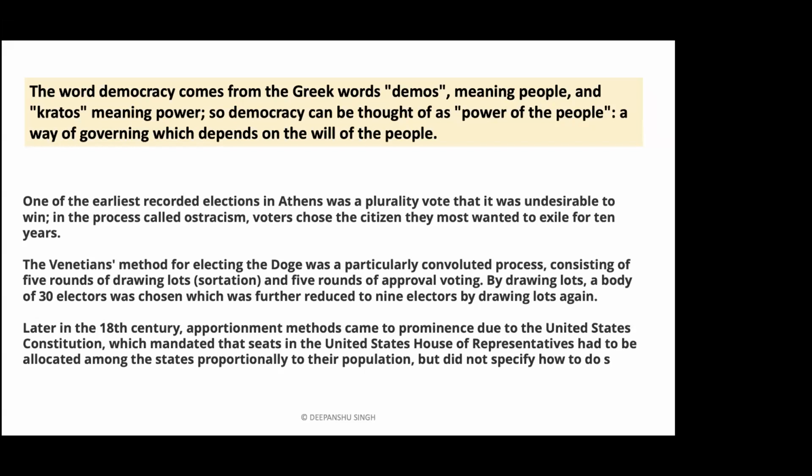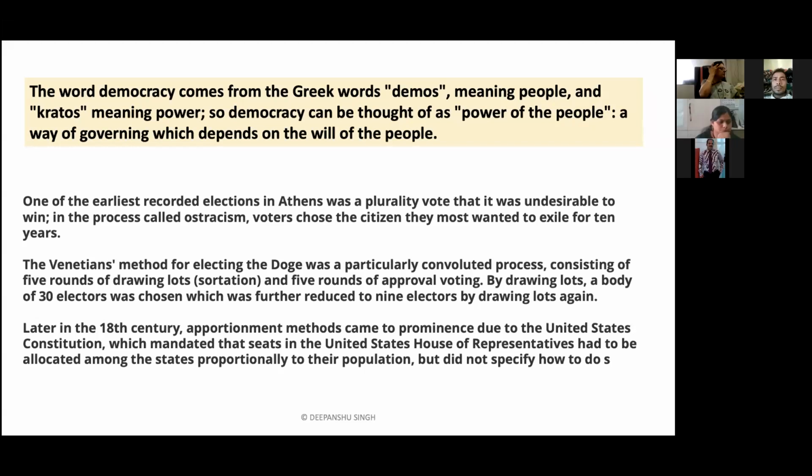If we go to the history of elections, the earliest elections used to happen in Greece, that is in Athens, but the system was based on plurality of votes, and it was not very much preferred. Later on, the Romans improvised it. Then the Venetian method came into the picture, in which the election happened through the drawing of lots, somewhat similar to what we have during the presidential election in India.